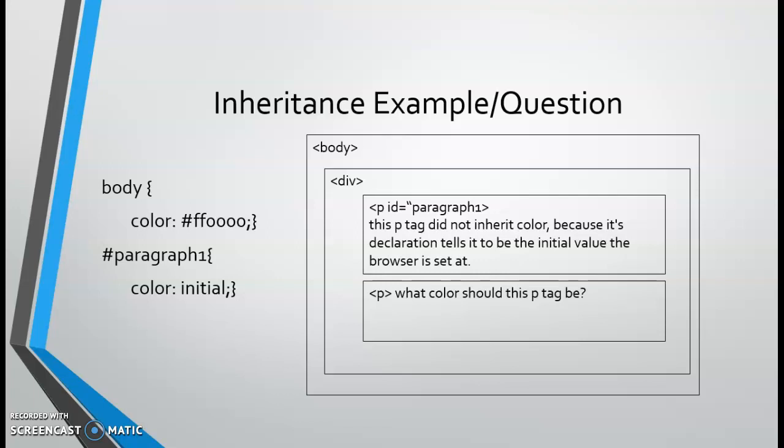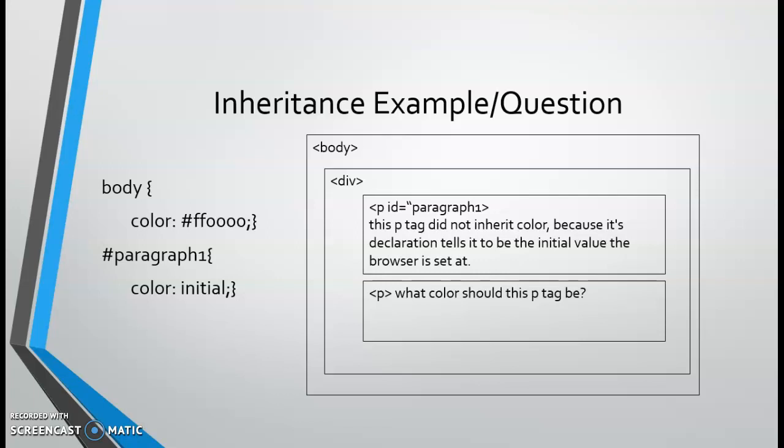But then I also said, hey, this very first paragraph, I want it to be whatever the browser's default is. And the browser's default is black. So that's why this first one is black. It's because that's what the initial declaration is saying. It says do whatever the browser's default is.